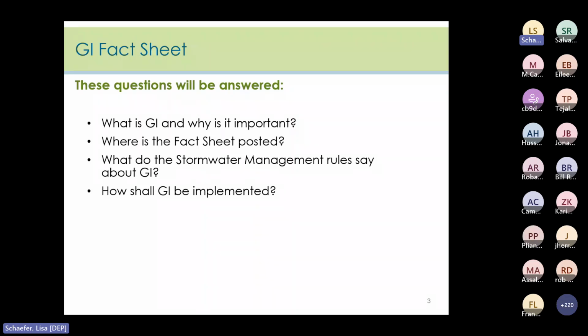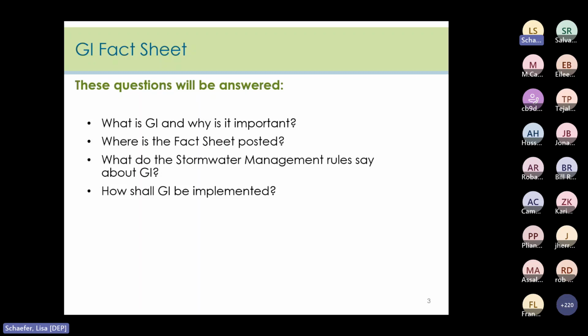The fact sheet was created to help the public to better understand that GI is very important for managing stormwater, in that these BMPs more effectively maintain or mimic the natural hydrology, and they also provide environmental benefits by infiltrating precipitation to replenish groundwater and stream base flow, evapotranspiring and evaporating precipitation to reduce stormwater discharge volume, and intercepting precipitation to reduce runoff and erosion.